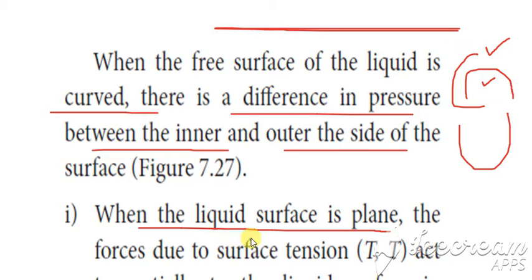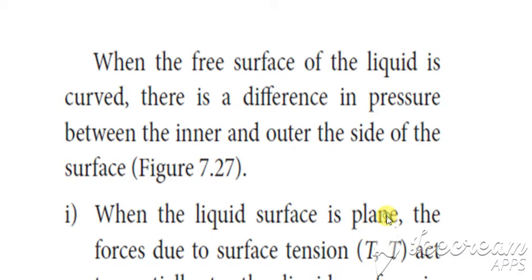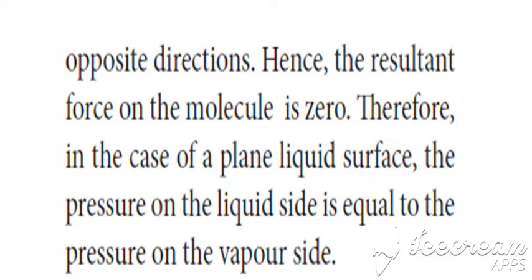When the liquid surface is plain, if it is straight like this, the force due to surface tension will be acting tangentially, which is acting outwards. So this is when the liquid surface is plain, and it also acts in the opposite direction. When it is acting in the opposite direction, resultant force is zero.